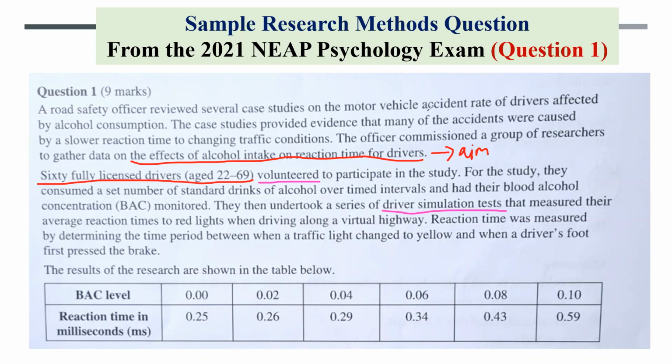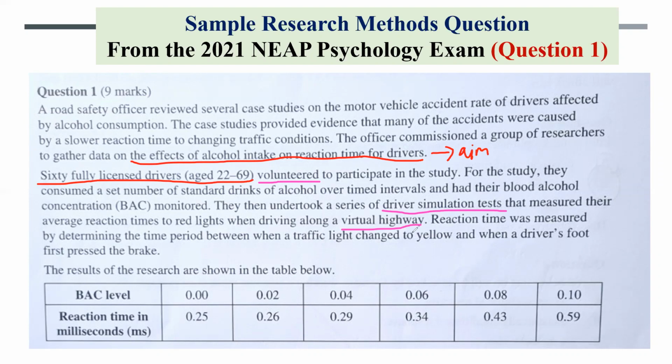Okay. So yeah, they then undertook a series of driver simulation tests that measured their average reaction times to red lights when driving along a virtual highway. So again, it's an artificially set up environment. Reaction time was measured by determining, so now we're looking at how reaction time was operationalized or measured.